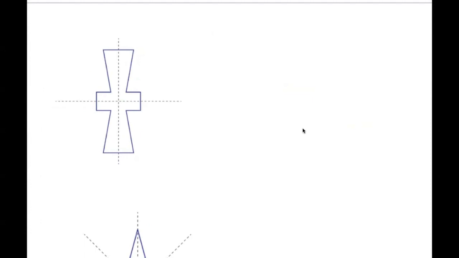So you can observe over here that this shape can have this line of symmetry so that both halves can exactly overlap each other, or it can have this as a line of symmetry so that the top part and the bottom part can overlap each other. So this shape has two lines of symmetry. Okay, it's a 2D shape.